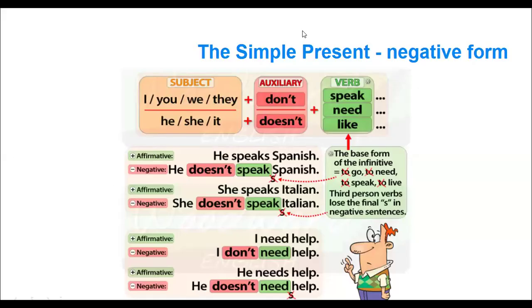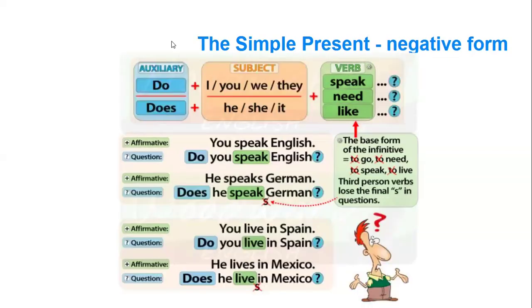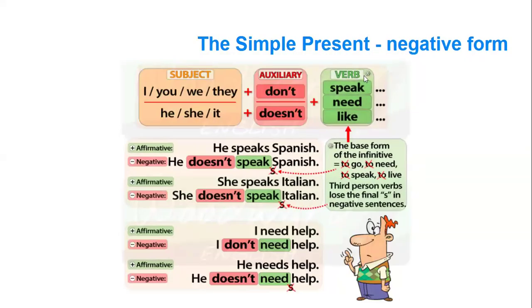So we were talking now about the simple present in negative forms, right? So we have here the structures. For the negative forms, we're gonna start with, what is the first part? The subject, correct. The next part is the auxiliary.